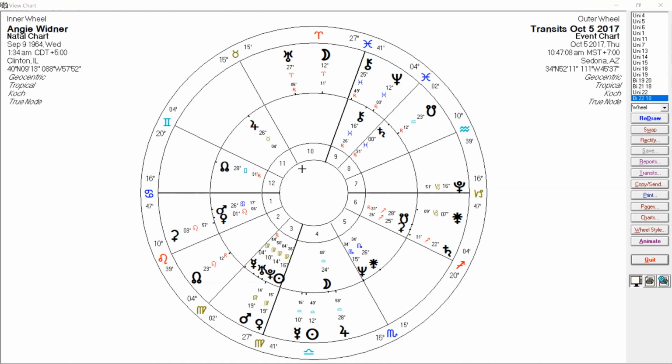So, as homework, go back to your natal chart and identify, starting with the conjunctions that you have, the pairs that are working together. Track them, list them.